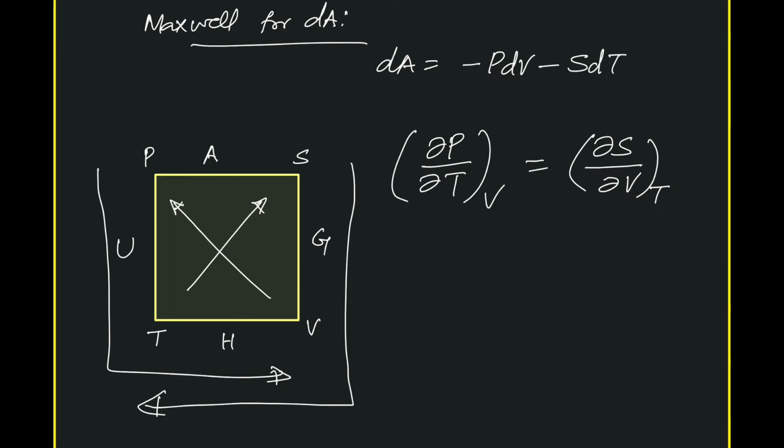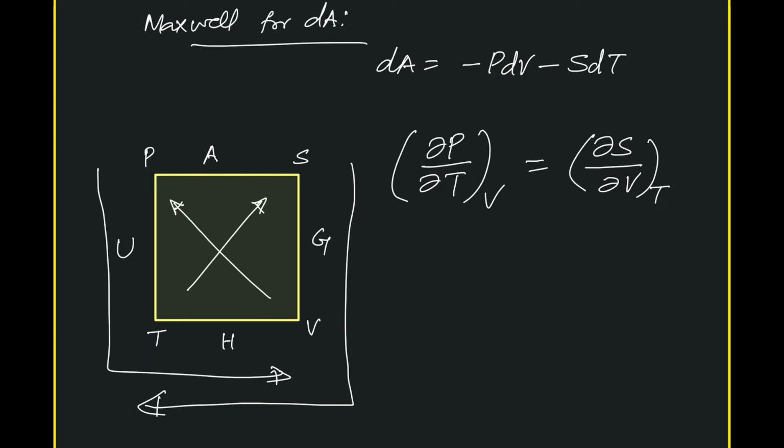Since we are connecting both sides with these vertical lines, we can simply take the positive sign for both. Or simply, dou P by dou T at V equals dou S by dou V at T. This is fine.